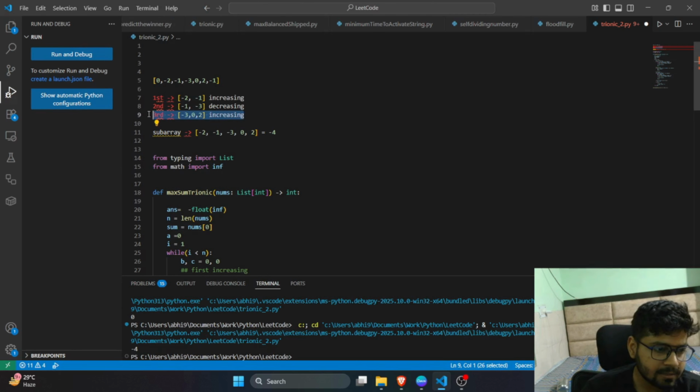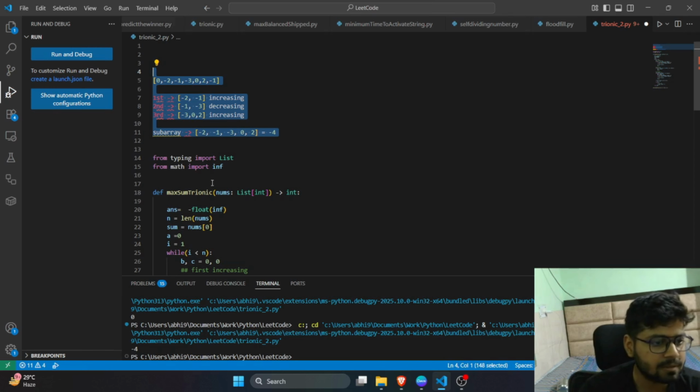We can consider this third part as a first, and then again look for the decreasing subarray and then the increasing subarray. So I think if I code here, it will be more clearer. So let's look into the solution.